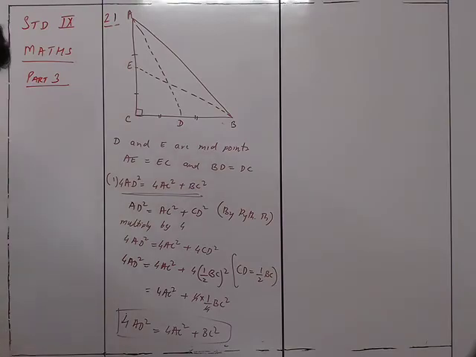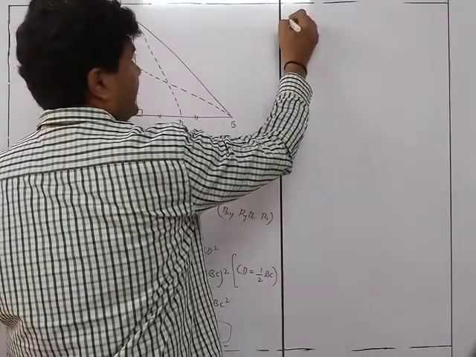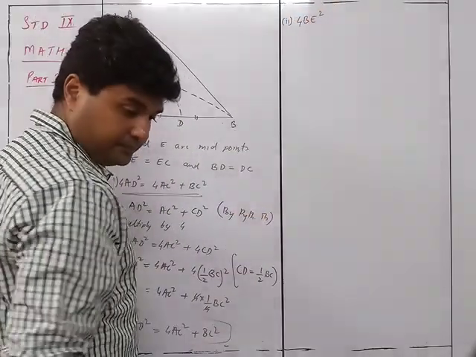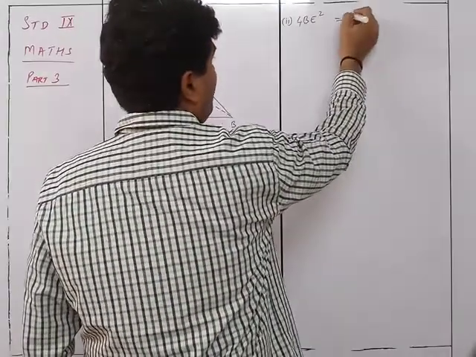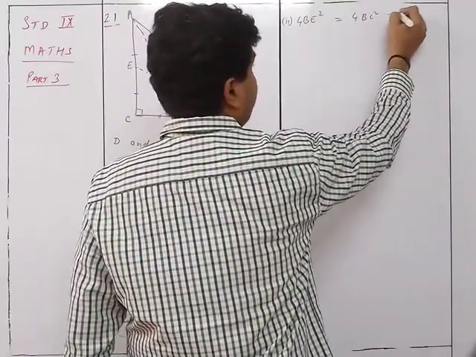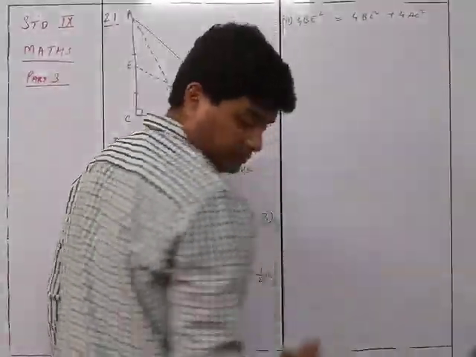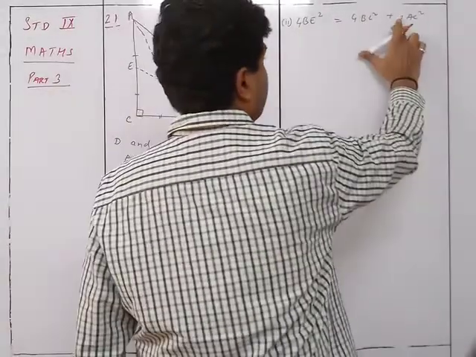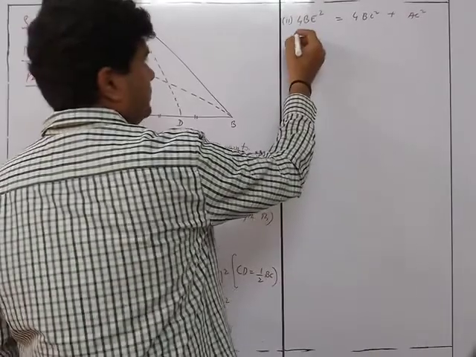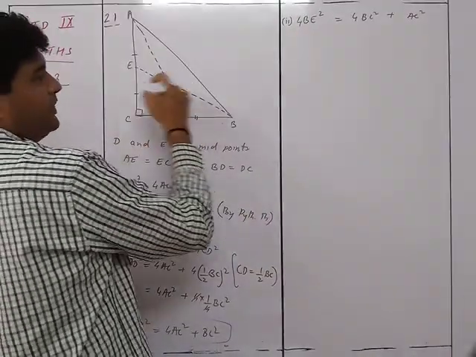Easy. Let's see the next one. The next one is 4BE square is equal to 4BC square plus AC square. It's exactly the same in fact. We'll just do it. We know BE is the hypotenuse.